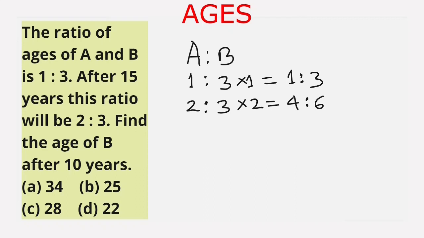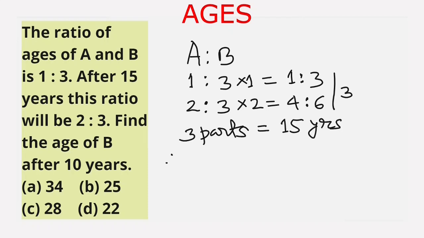Now the difference between 1 and 3 and between 4 and 6 is equal. The difference between 1 and 4 is 3, and between 3 and 6 is also 3. It means that this 3 parts equals 15 years, and the present age of B, which is 3 parts, is therefore 15 years.